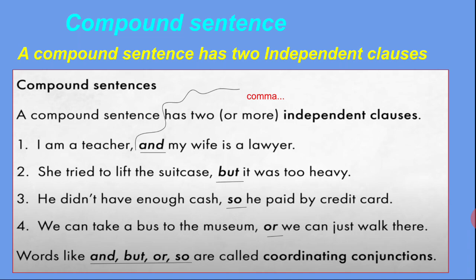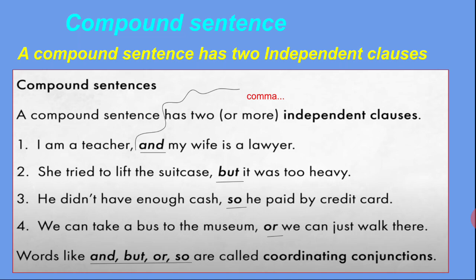Look at the second sentence. She tried to lift the suitcase. It was too heavy. So when we connect, what is the coordinating conjunction that we use? She tried to lift the suitcase, but it was too heavy. Third sentence. He did not have enough cash. He paid by credit card. Two simple sentences are connected with a suitable conjunction.